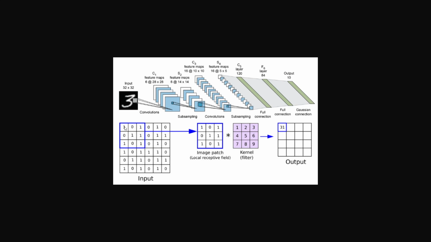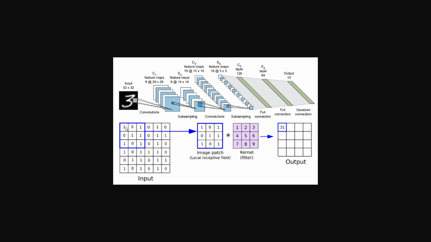To understand what convolution is doing here, let's say this is our input image. On this image we'll apply this kernel filter, which might in this case be trying to find edges. I'm saying it randomly, but it's something we are trying to extract from this image. We'll select an image patch of the same size as the kernel.